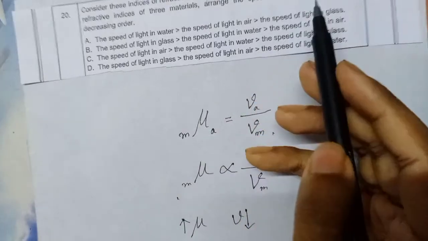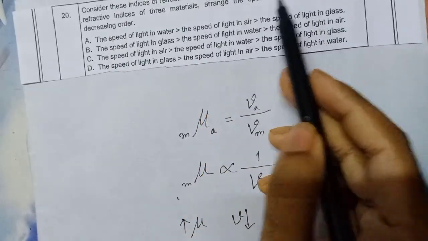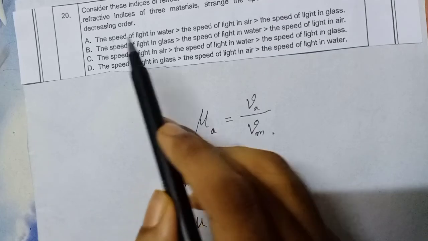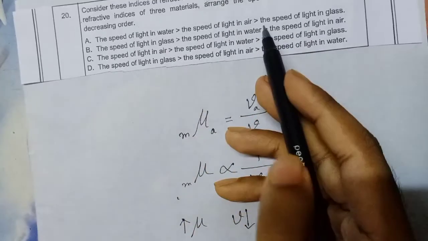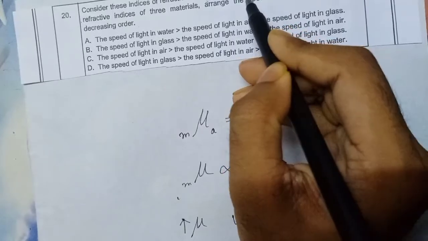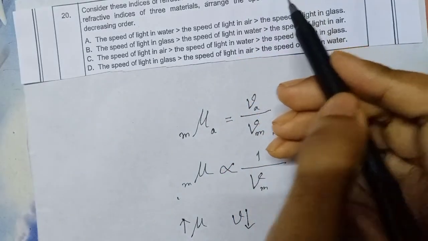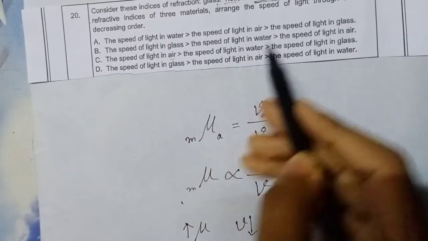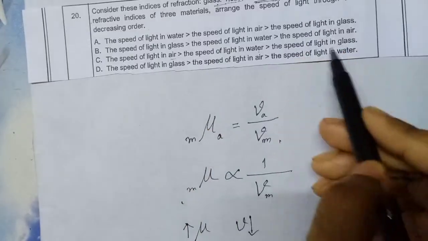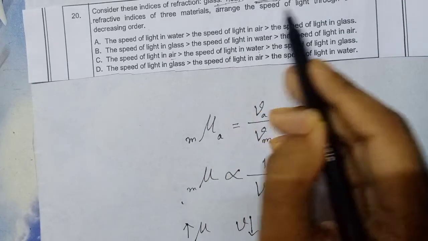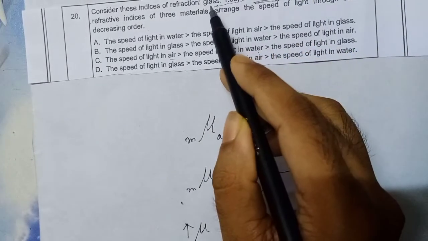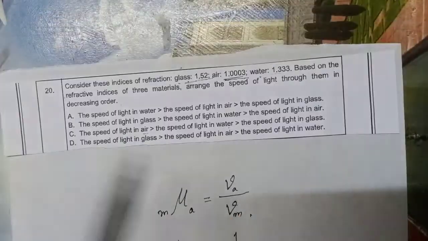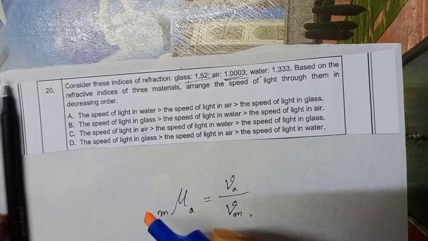The correct answer will be: speed of light in air should be greater because it has the least refractive index. So speed of light in air is greater than speed of light in water, then speed of light in glass. So the correct answer must be option C.